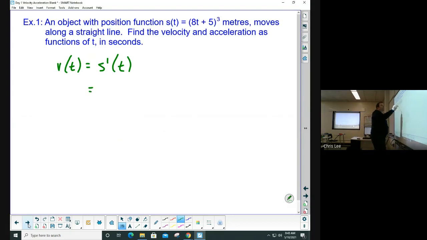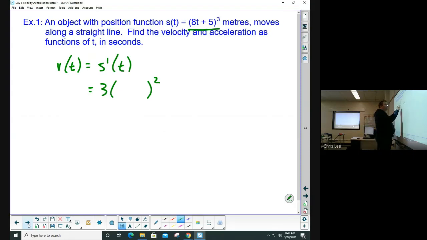So we have the s function here. We now are just going to use all of our rules from last week and apply them in this question. First thing I see is a power of a function rule, which means we have something to the power of 3. So for me, I write that down like this first, bringing down the power of 3 and then taking 1 less than its degree.